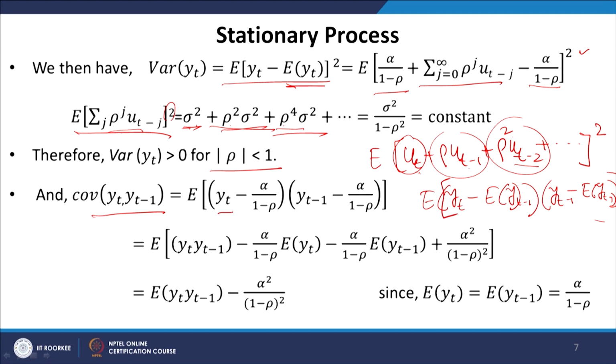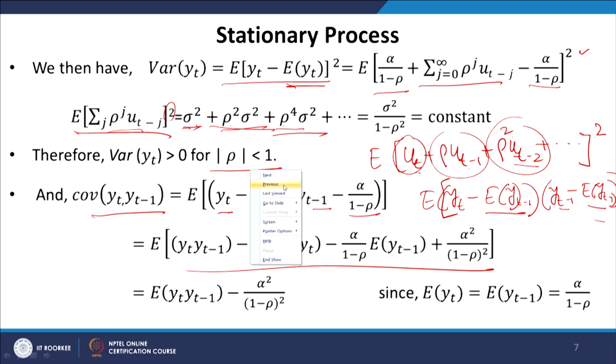So, we have yt, whose expected value is alpha divided by 1 minus rho, then yt minus 1 minus expected value of yt minus 1, which will also be the constant alpha upon 1 minus rho. Now, multiplying, I have this expression. You can see that expected value of yt is rho alpha divided by 1 minus rho.